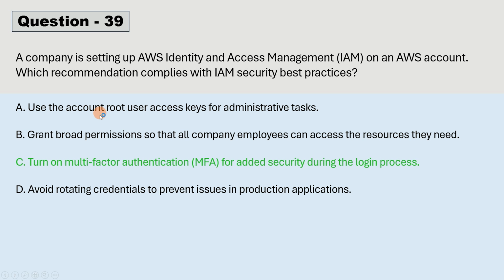And now, the account root user access will always be wrong because you are not supposed to use the root user apart from mandatory tasks. If root is mandatory for performing any action, then it is fine, but for administrative tasks it is always incorrect. And granting broad permission is always an incorrect option because in AWS you have to follow the principle of least privilege.